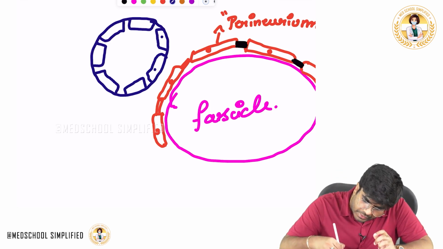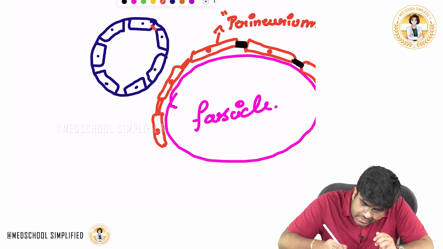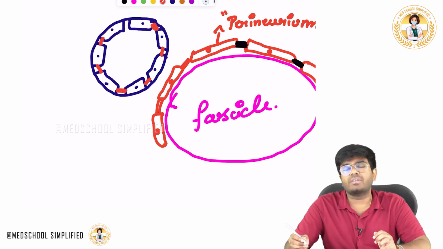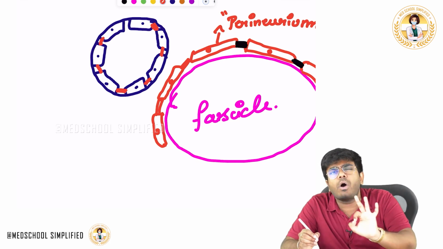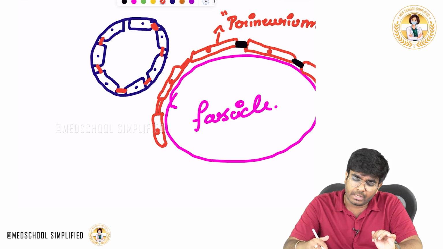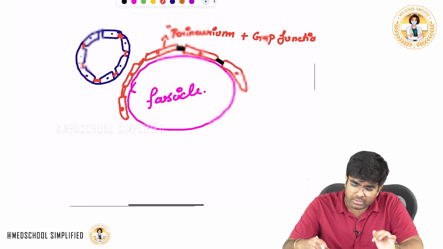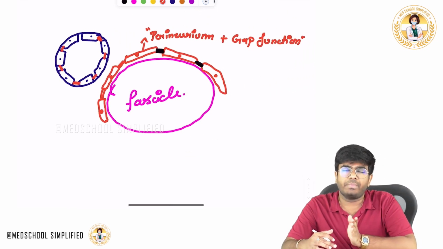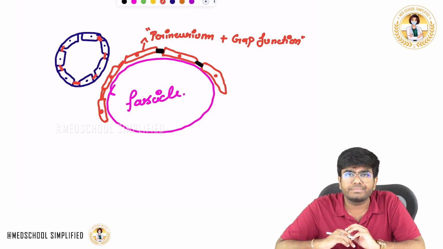And this capillary endothelium also has tight junctions between them. Because of the presence of tight junctions, only very small molecules are going to cross the capillary, and only very small molecules are going to cross the perineurium and enter into the fascicle.